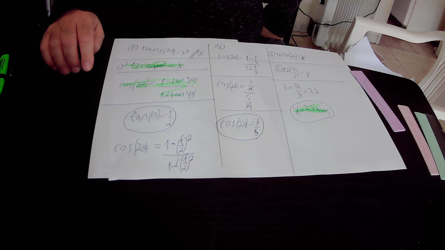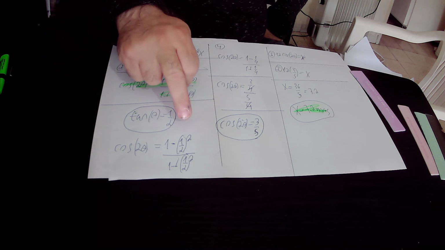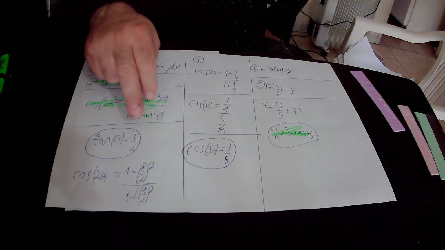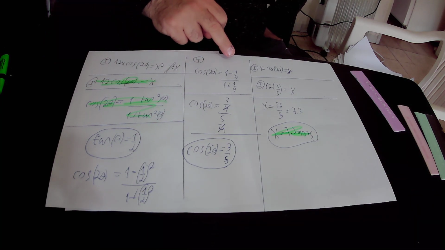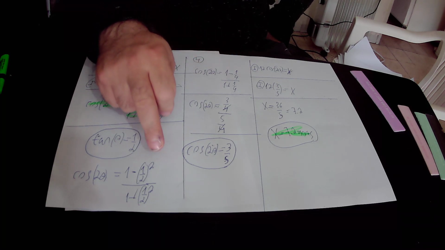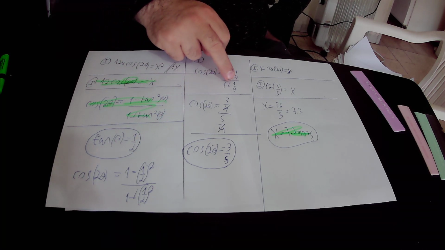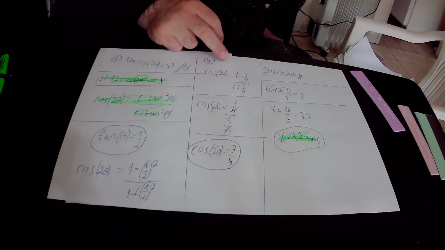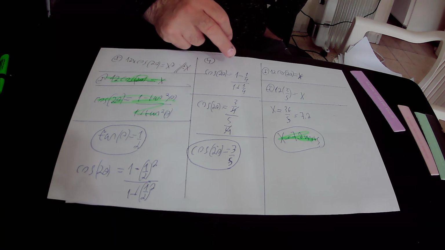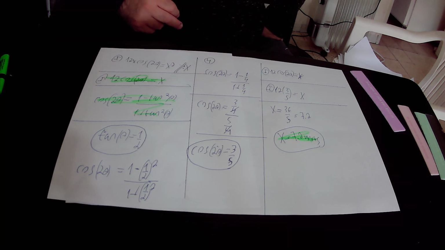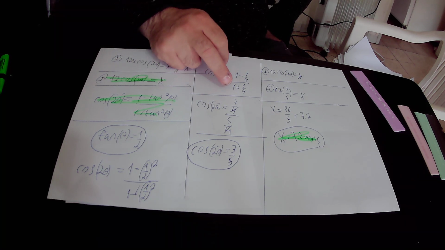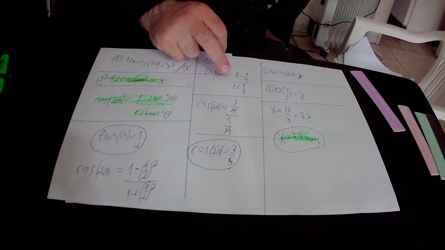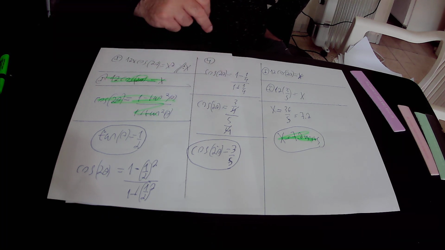1/2 squared is 1/4, so cosine 2 theta equals 1 minus 1/4 over 1 plus 1/4. 1 minus 1/4 is 3/4, and 1 plus 1/4 is 5/4.